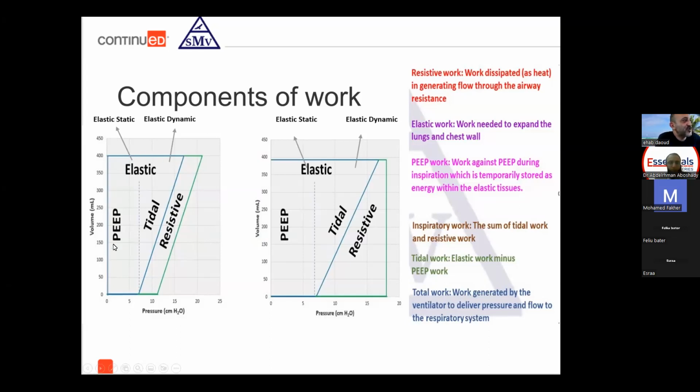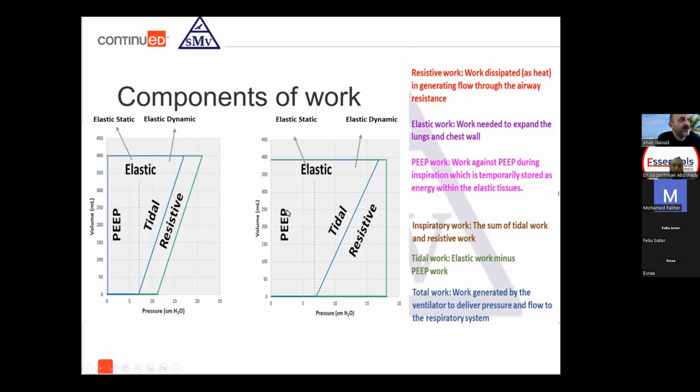So according to those shapes, we can divide the work into static elastic work, which includes the work to overcome the PEEP and the tidal work here in the blue triangle, and also to overcome the resistive work. If you look again on the right, same idea, elastic work, that blue triangle here.